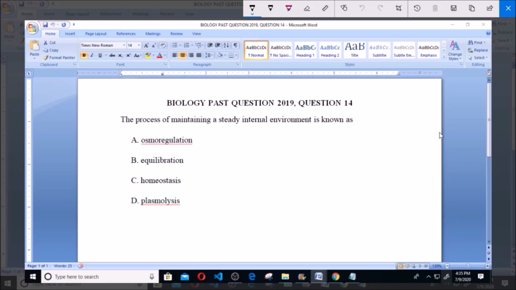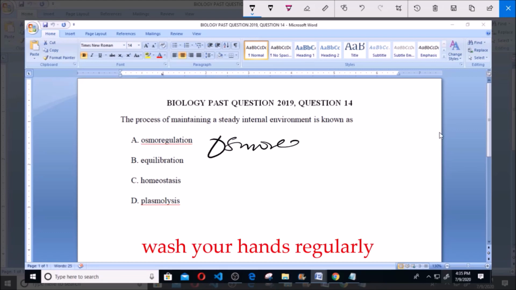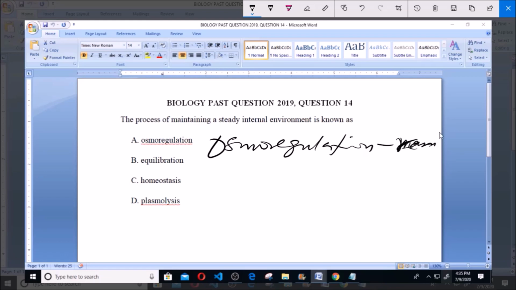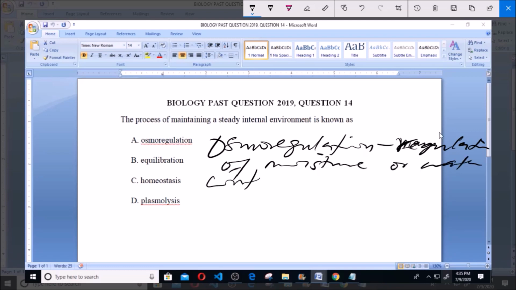Osmoregulation. Now, Osmoregulation refers to what? The maintenance or the regulation of moisture or water content in animals.